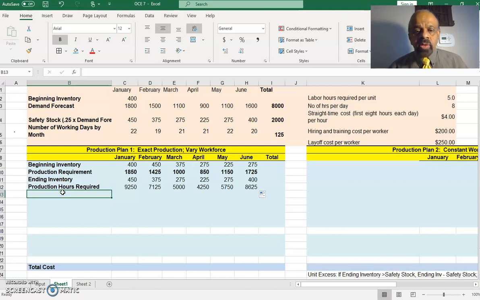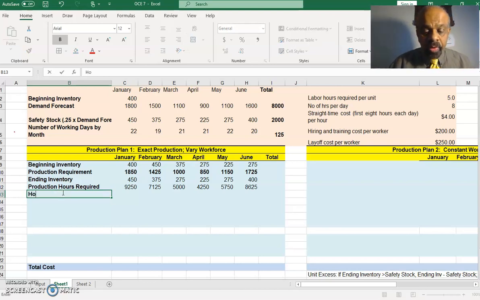How many hours can my workers work for each month? So that is the next thing I want to do, which is called hours per month per worker.